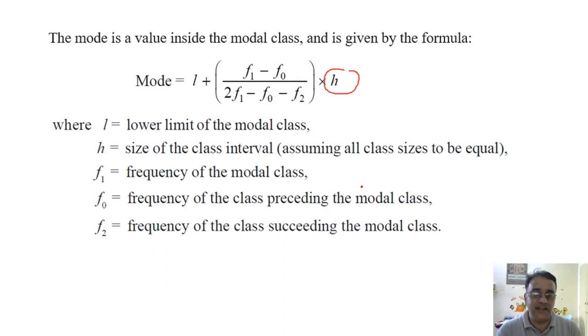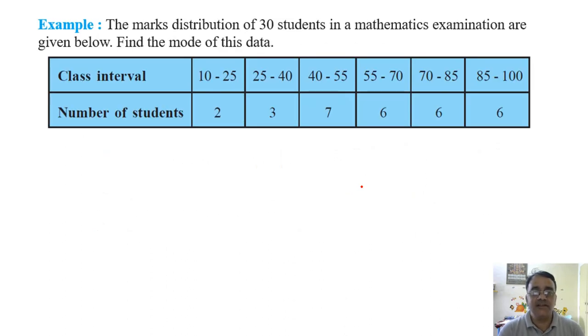I will explain with the help of one example how you have to use this formula. Okay, so the marks distribution of 30 students in a mathematics examination are given below. Find the mode of this data.